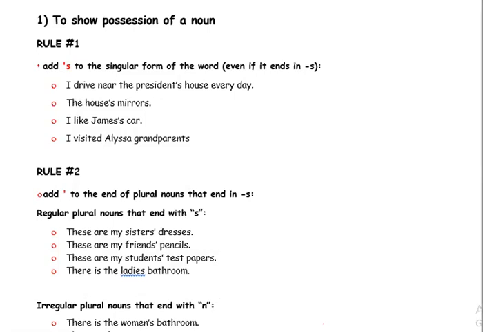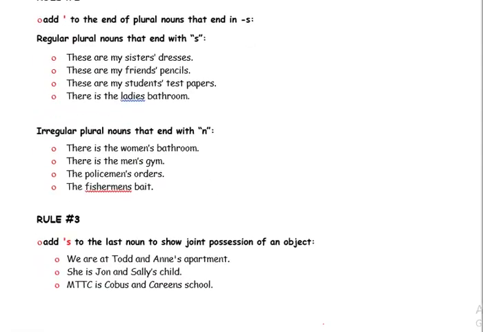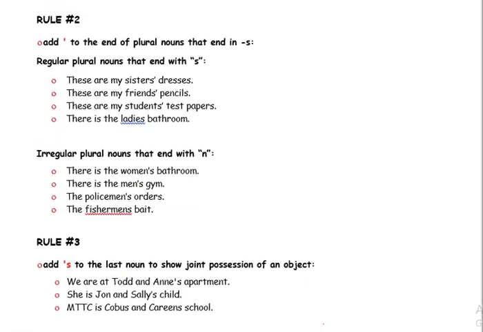Guys, if you're using your computer, to use an apostrophe, you're just going to press on the apostrophe sign. Good, Vian. Well done. So, Alyssa, apostrophe S, grandparents. Okay, well done.